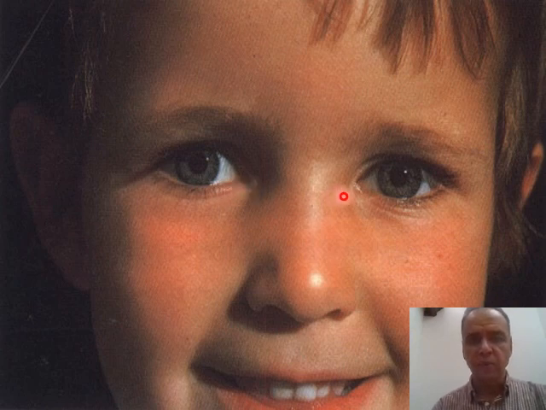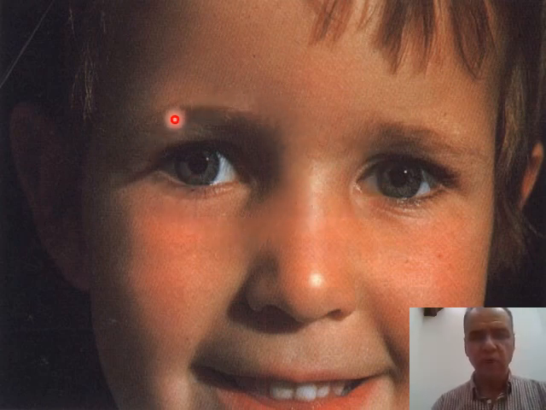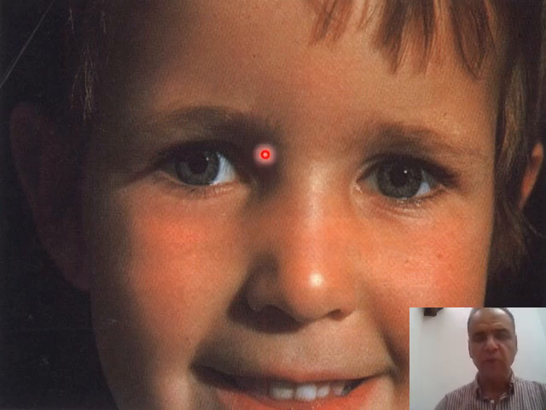Another example of pseudostrabismus is this child. There is an apparent right exotropia, but if we do the cover test, there is no corrective movement of the other eye. If we do the cover-uncover test, there is no deviation of the eye behind the cover.